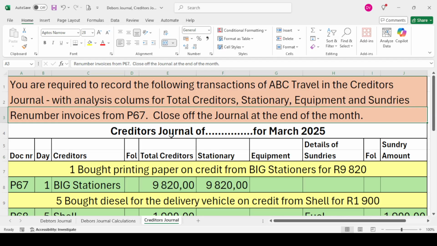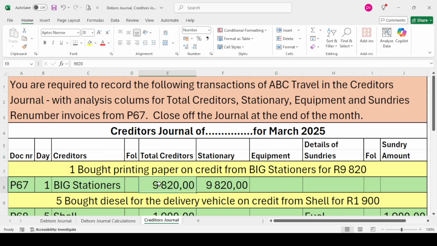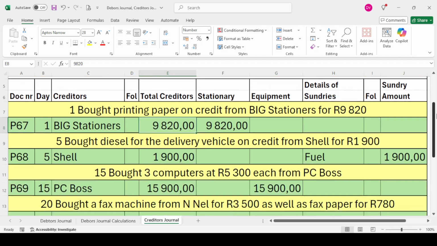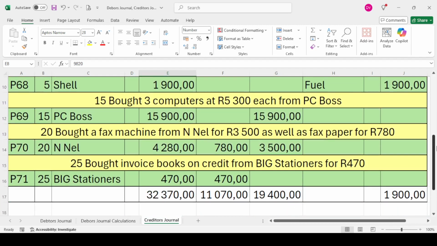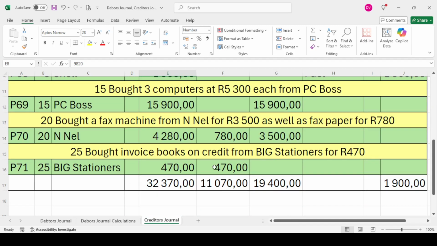So you're going to add up everything under your total creditors, everything under stationery, equipment, and sundry amounts. So I've already got my totals because I'm using Excel, so it does help a lot.